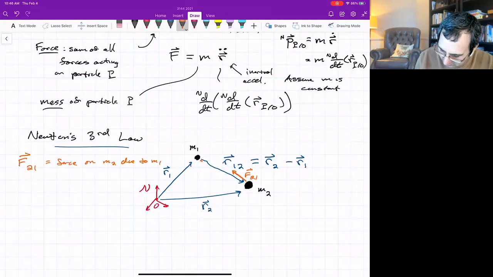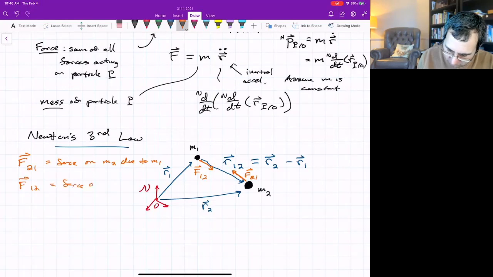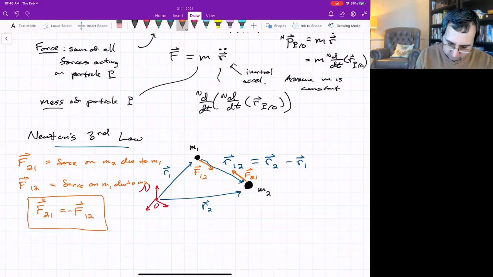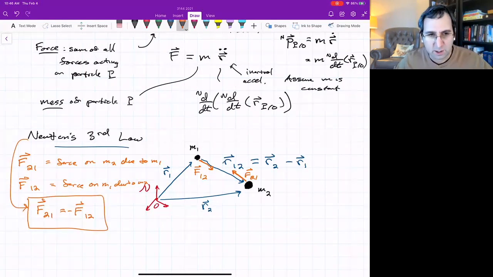Then F12, force on M1 due to M2. Newton's third law says that these are equal and opposite. And he put it in the way that everyone knows, equal and opposite reactions.